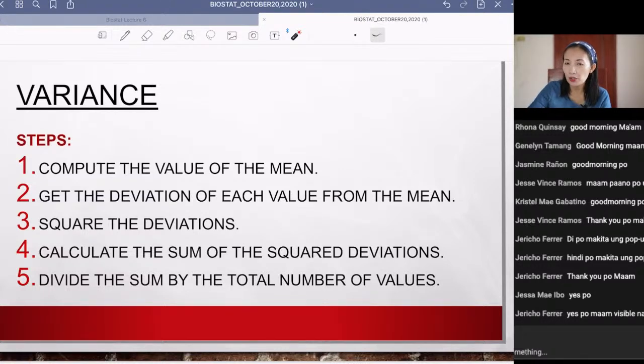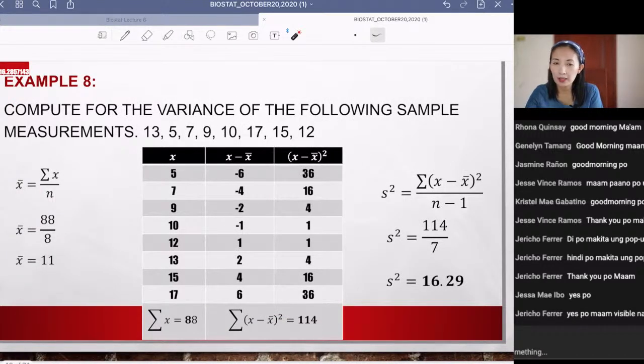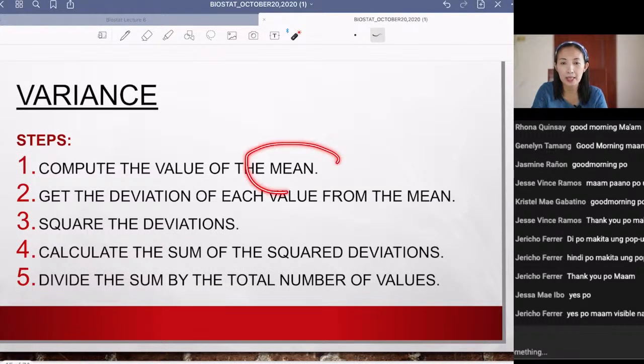So let's illustrate. Now we're moving on to example number 8. Compute for the variance of the following sample measurements: 13, 5, 7, 9, 10, 17, 15, 12. Recall that step number 1, we have to compute for the mean.